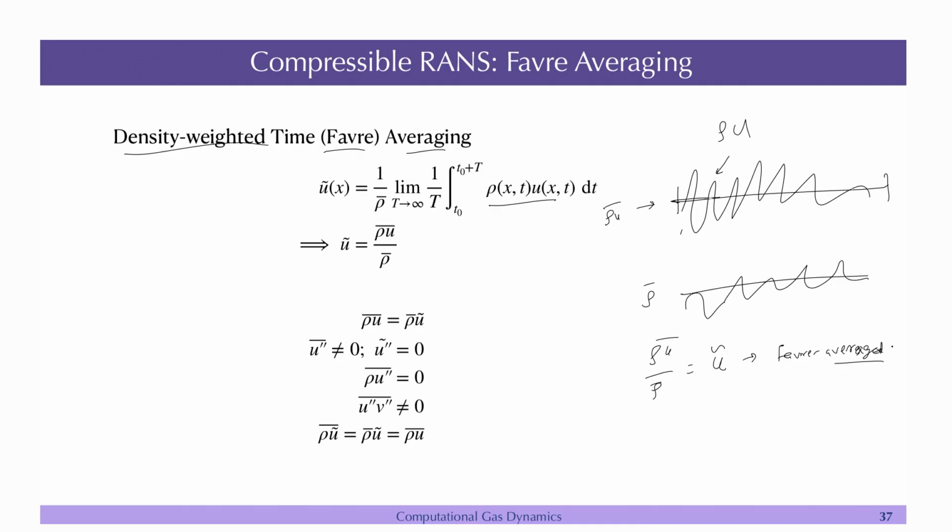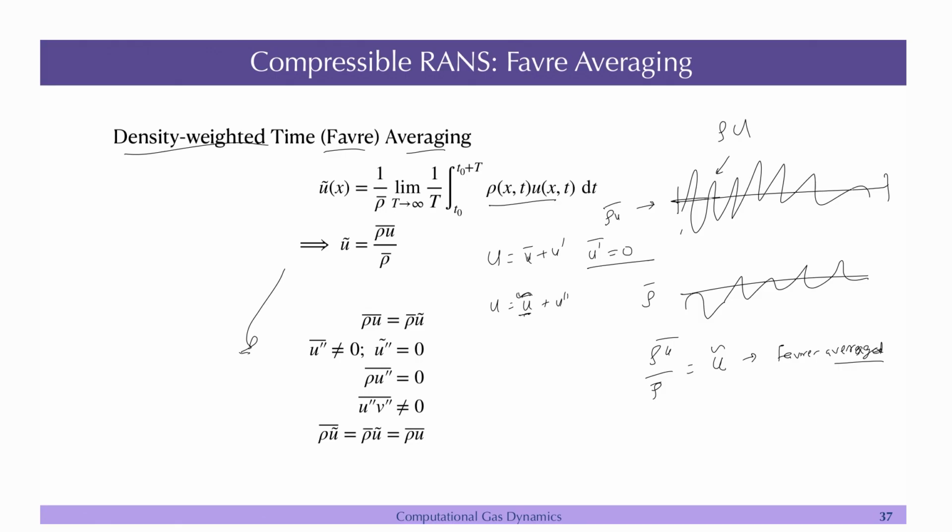Yeah. So, this is a trick and there are some rules with this Favre averaging. So, like we were doing u equal to u bar plus u prime in the Reynolds averaging, and we said that my u prime goes to 0 if you take the mean of the u prime. Similarly, we can write this u as u bar, or you call it u tilde, plus u double prime.